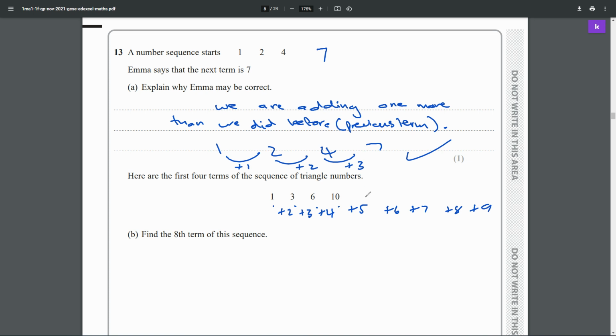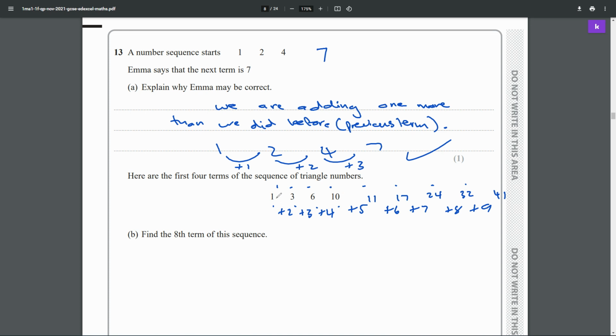If I did that manually, 11, 17, 24, 32, 41. 1, 2, 3, 4, 5, 6, 7, 8 terms. As we move on, you can see that finding the next term, what we want to do is by adding, in this case, plus 2, plus 3.